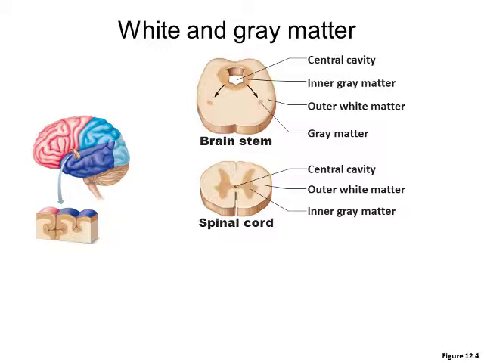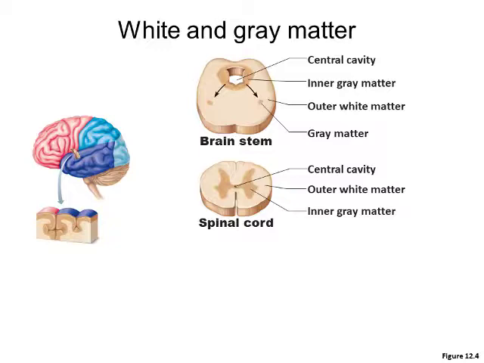You will see the inner part is the gray matter. This is gray matter. The outer part is the white matter. If you cut the cerebellum, you will see what? The outer part is gray matter, the inner part is white matter. So, in the cerebellum, the outer is the gray matter, which is the cortex, and the inner is white matter.